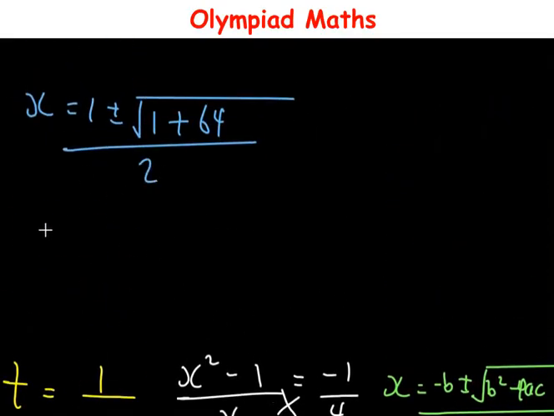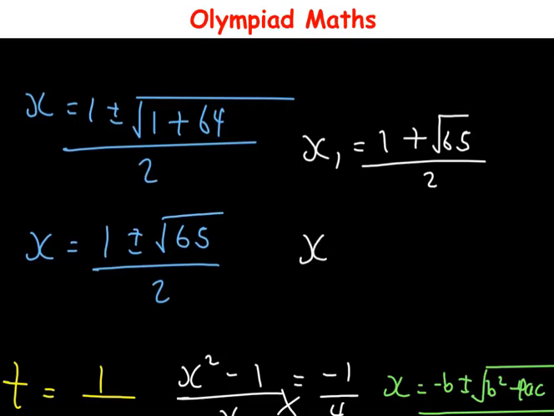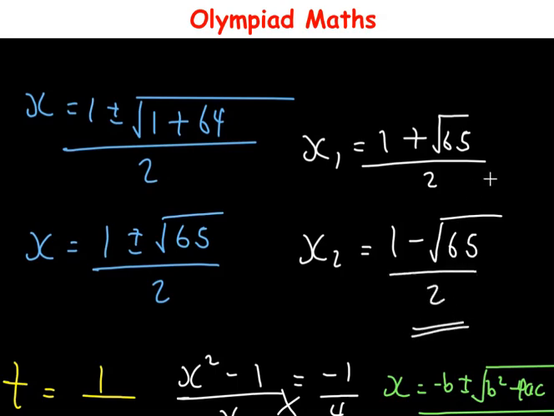So x is then equal to 1 plus or minus square root of 1 plus 64, which is 65, all over 2. And with this, we have the first solution of x equal to 1 plus root 65 over 2. The second solution of x equals 1 minus root 65 over 2. And these are the two solutions for the value of x for this given question.